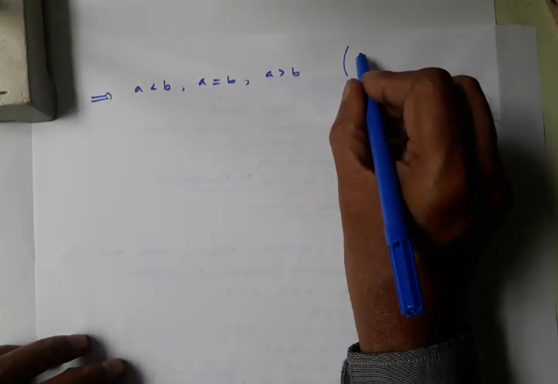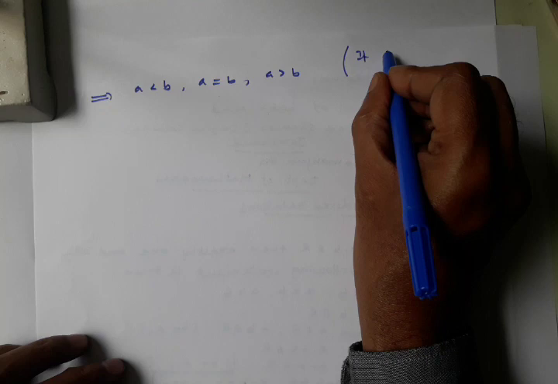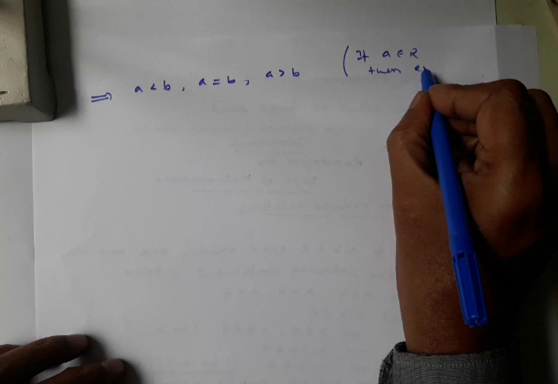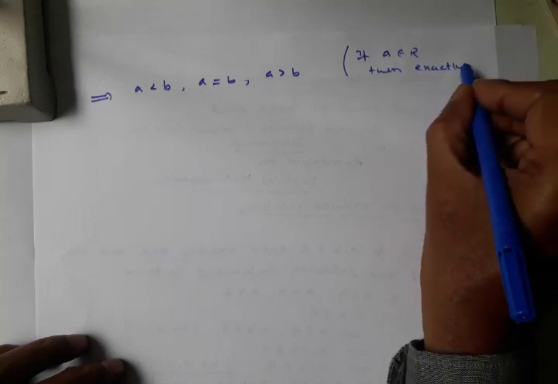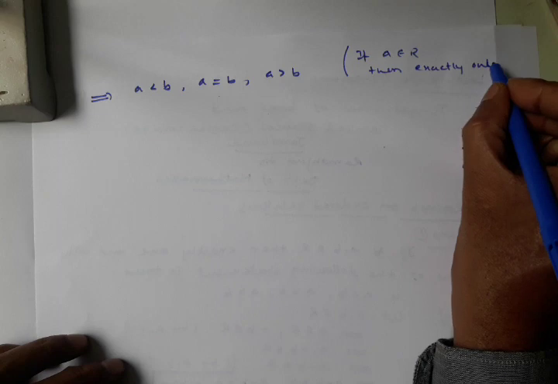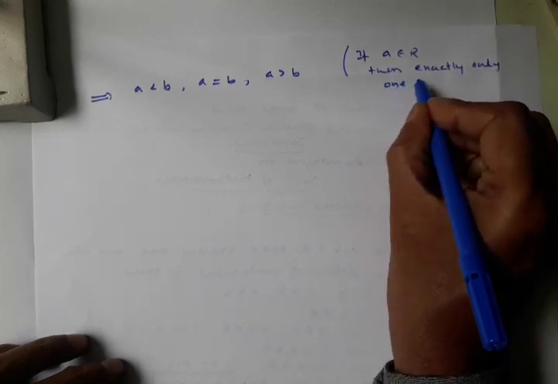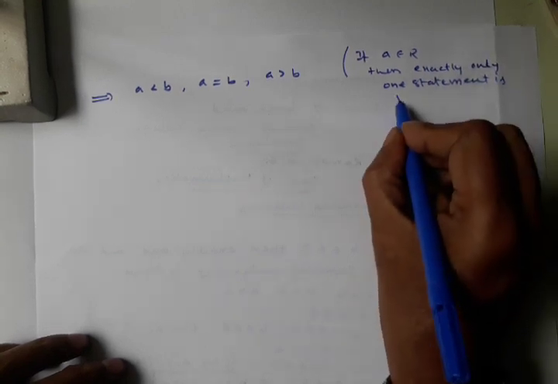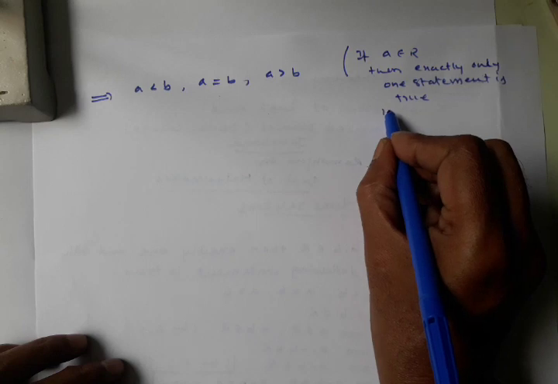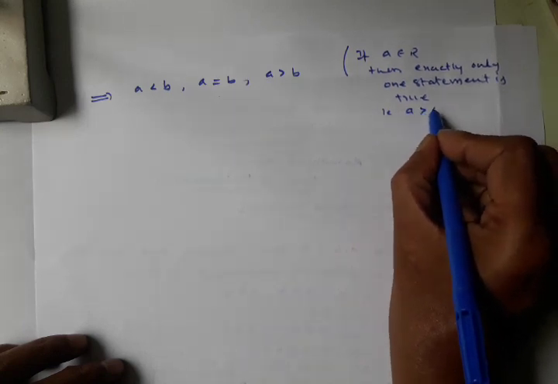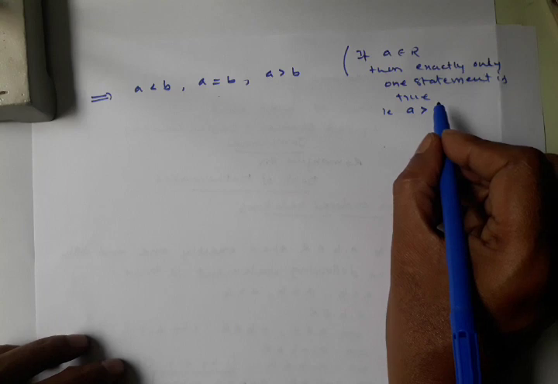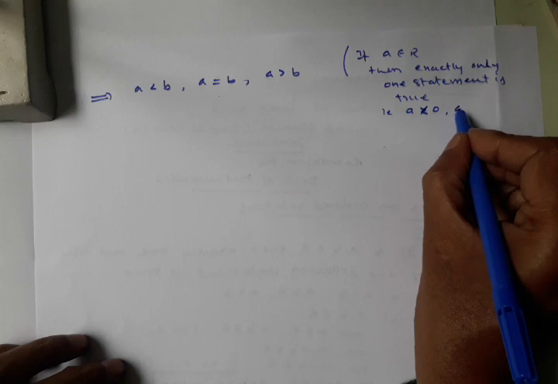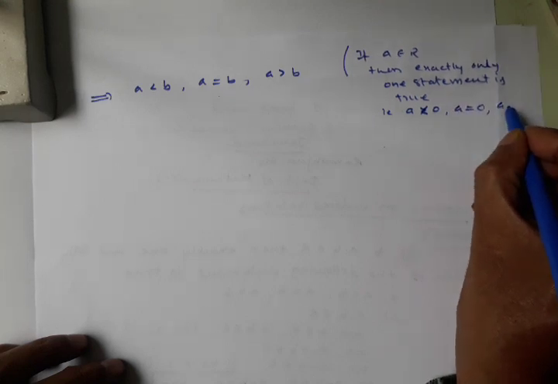So here you can write, if A belongs to R, then exactly one statement is true: A is less than 0, A is equal to 0, or A is greater than 0.